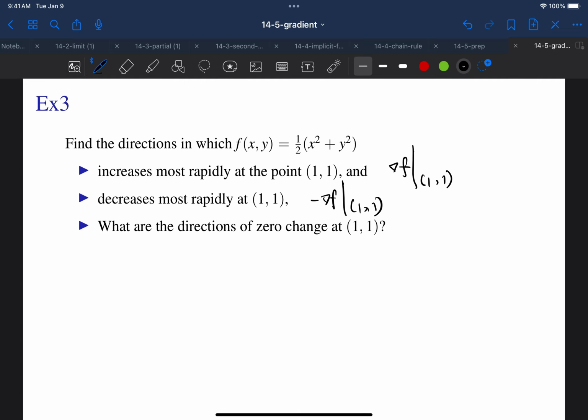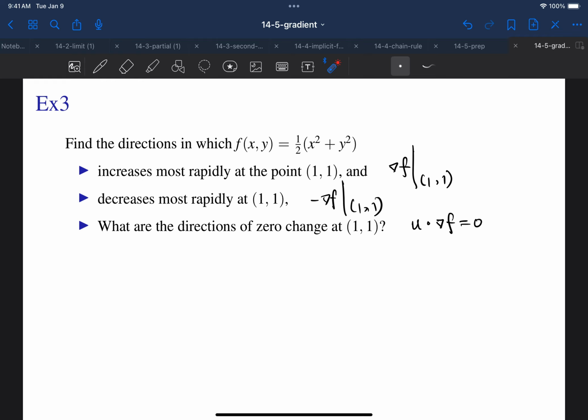And then you want to find some u which is perpendicular to the gradient f. Then this u is your answer. So perpendicular vectors have dot product 0. We need to use that to find this u.